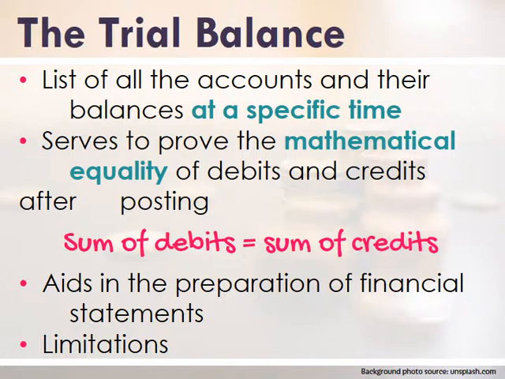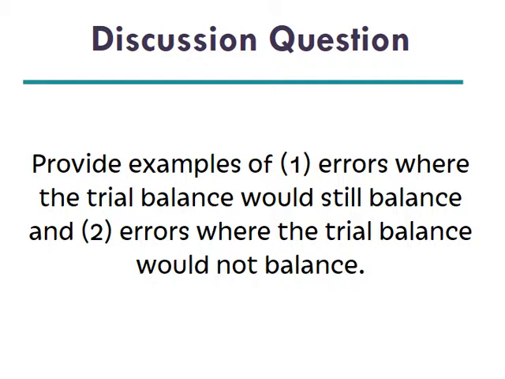But the trial balance will not catch every single error. So you could pause here and think about it, or take time to read in the text some examples of errors which will cause the trial balance to 1. Still be in balance, and 2. No longer balance. I have some key examples on the next slide.